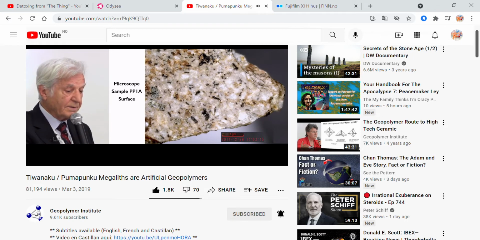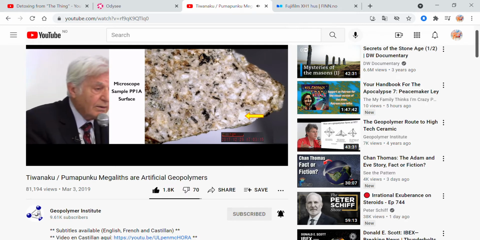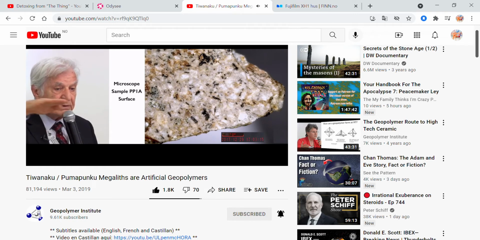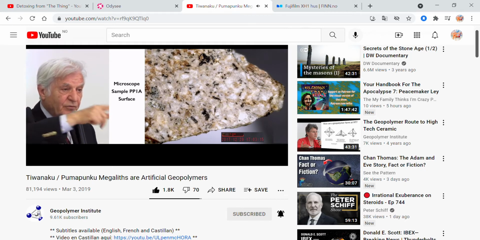What you have here, you see in white, these are the plagioclase crystals, and in between we have holes that are in different colors. It is a surface that is very plain, uniform, leveled, but full of holes.